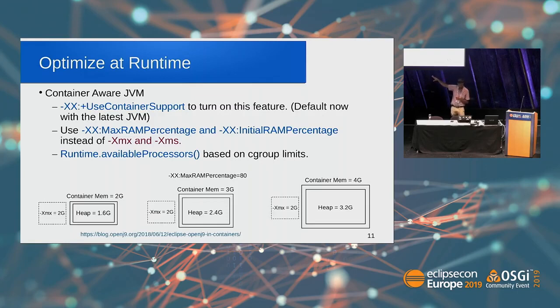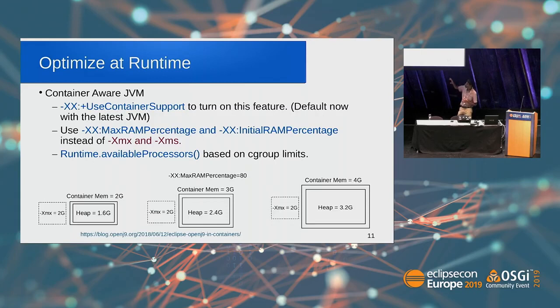If you have hard-coded -Xmx to 2 GB, in the first case, it is possible that you might actually end up OOMing, because remember, this is just the heap, and the entire container memory is limited to 2 GB. So there are native code and other aspects that might push up the actual usage, and you might end up getting your container killed. Whereas in the other cases, you have lots more memory allocated to your container, but you're not able to use it because you've hard-coded the value of -Xmx.